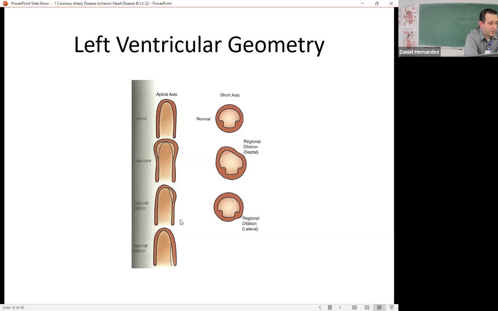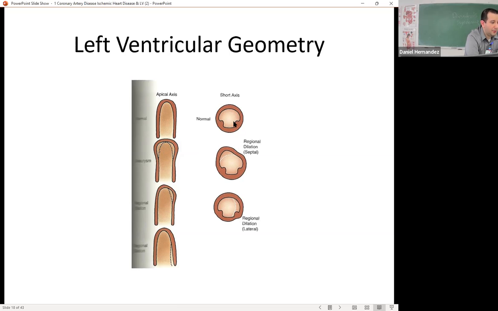Because patients that have any sort of changes in their geometry, this can be an indication as to where you might be visualizing wall motion abnormalities. So this would be a patient who probably has some sort of apical infarct. You're getting dilatation of the apex, or the apex appears aneurysmal.